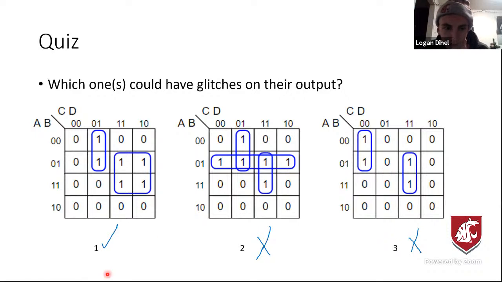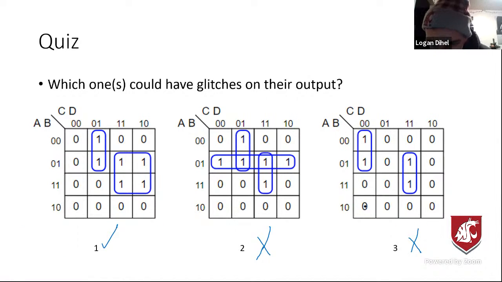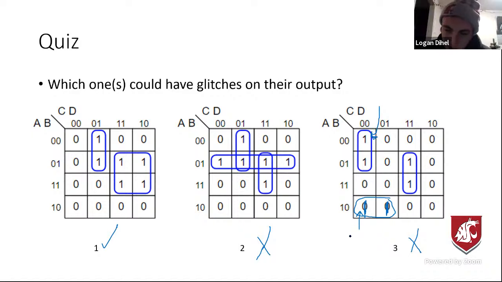So one thing to watch out for, let's say we had something like this, a 1 and a 1 like this, and this guy was circled. Now it would cause a glitch because this one and this circle are adjacent to each other, because K-maps can wrap around.